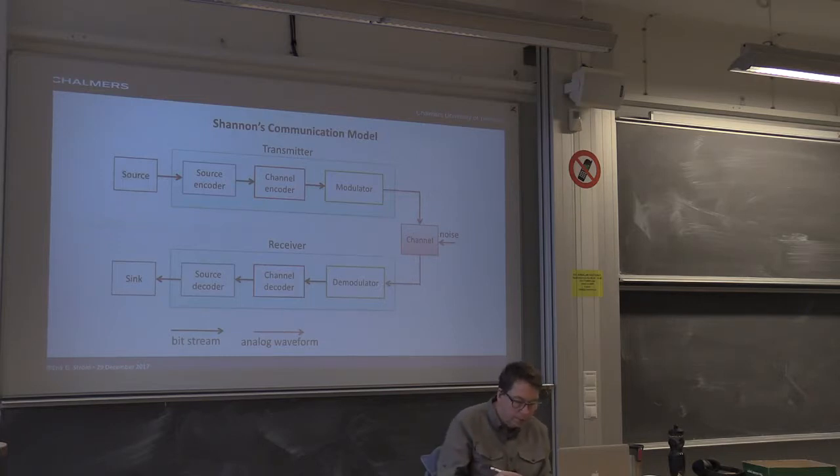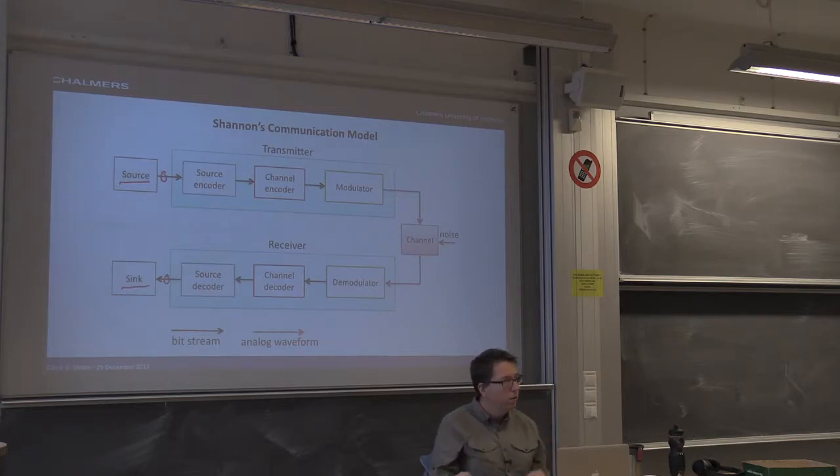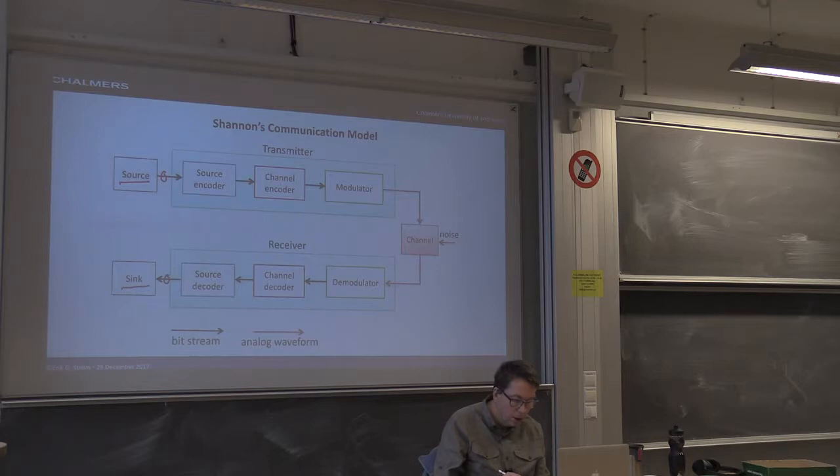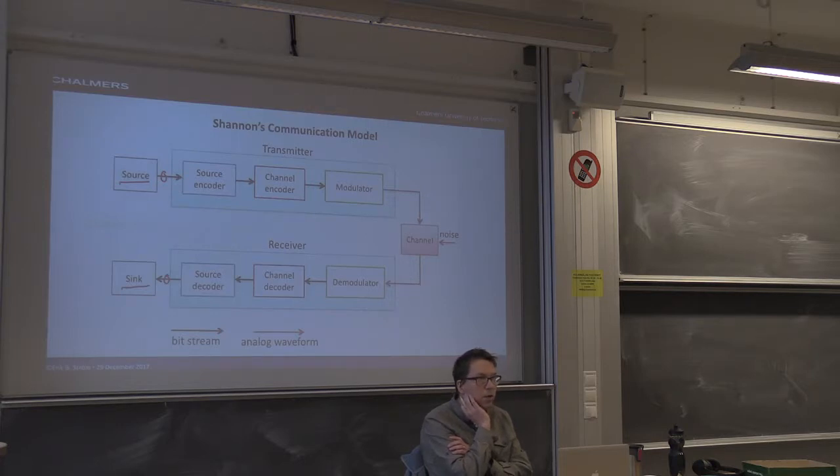This model concerns transferring bits from the source to the destination, or in this language, from source to sink. We can think of this as going from point A to point B over a physical connection.